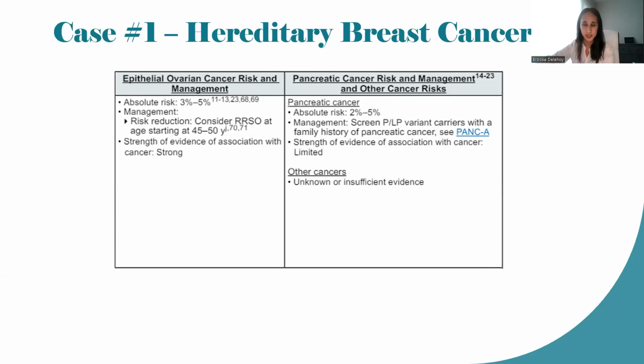Yes, there is also increased risk for individuals, men and women, to develop pancreatic cancer in the future. We say the absolute risk currently sits at around 2 to 5%. And so wanting to make sure that we plug patients in to high-risk pancreatic cancer screening availability through the Yale Medical Center would be important in order to initiate pancreatic cancer screening should they qualify at an appropriate age.